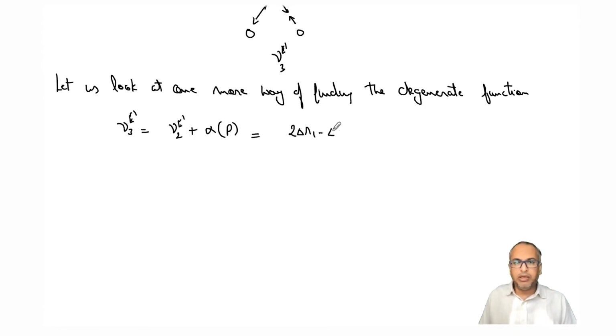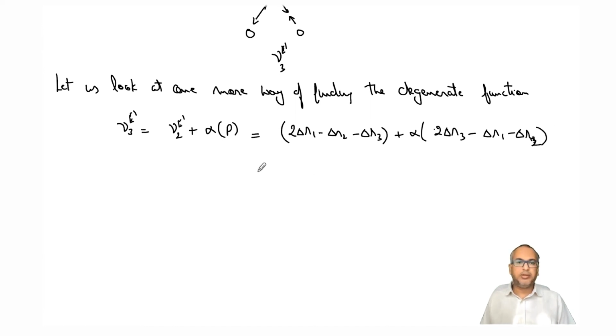Delta R1 minus delta R2 minus delta R3 plus alpha times 2 delta R3 minus delta R1 minus delta R2, right? Now this gives me 2 minus alpha.